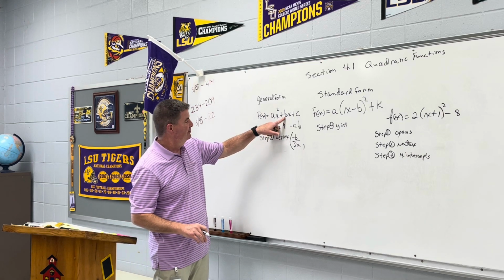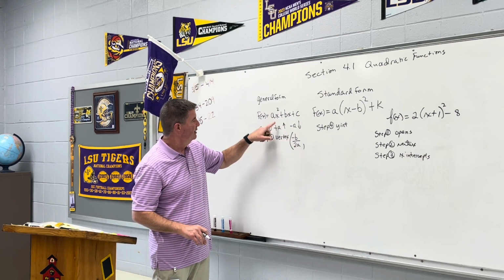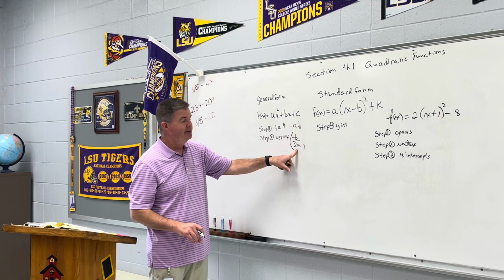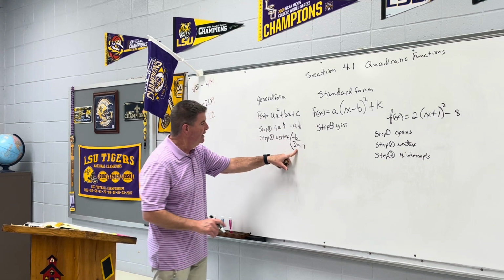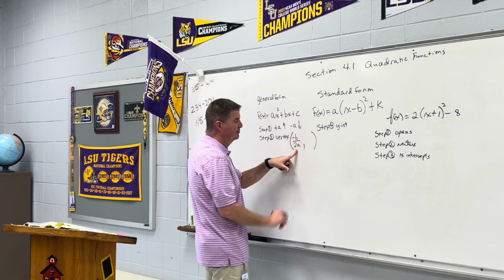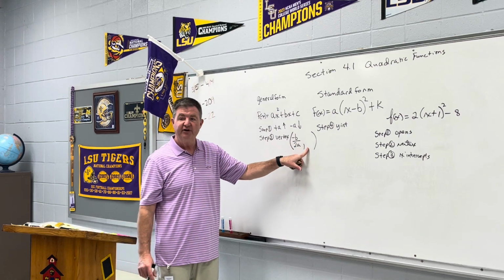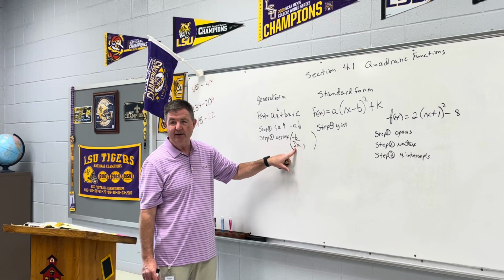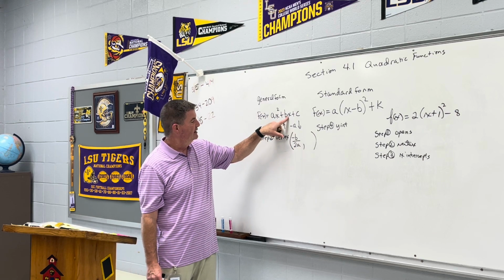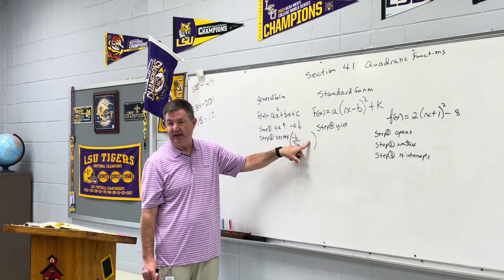So the opposite of B over 2 times A. That gives me my X portion of the vertex of the parabola. In order to find the Y portion, we take whatever number we have here and we plug it into the X's, and that gives me the Y.